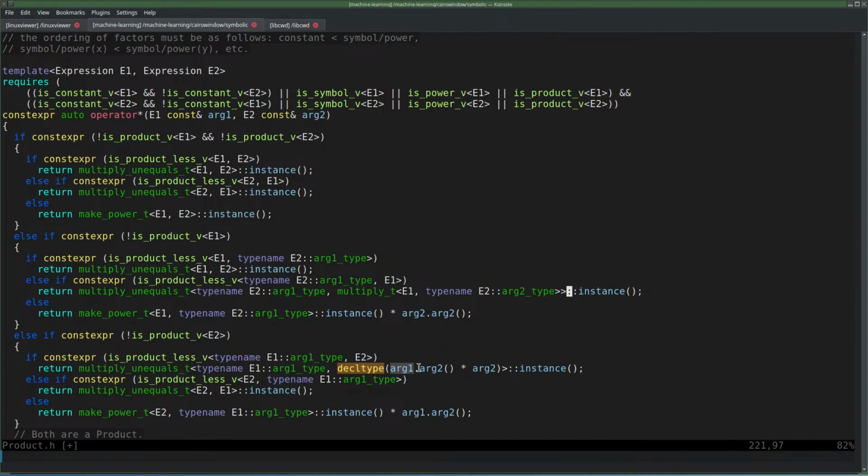Got rid of the arc1, got rid of calling stuff. The only thing I need is that the multiply t is returning the correct type that belongs to that multiplication. And that's not going to work because E1 and or this thing is not going to be both a constant.